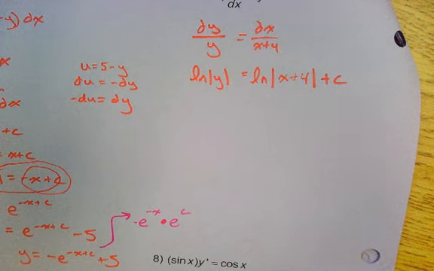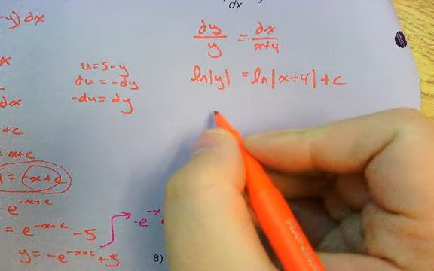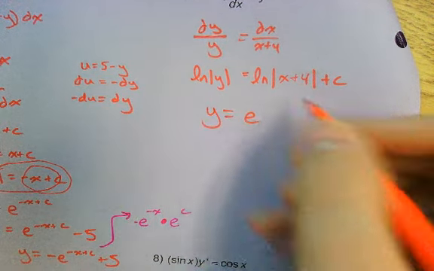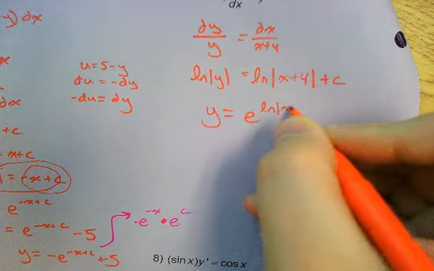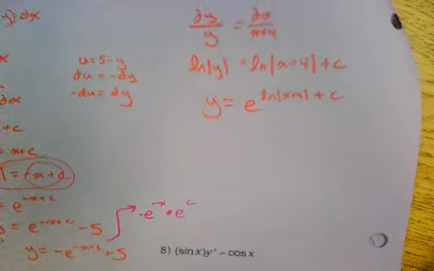On the right side there, that was just an infant use of, so I didn't bother doing it. So now I'm going to get y equals e to the ln of x plus 4 plus c. What do I do with the plus c in the exponential?